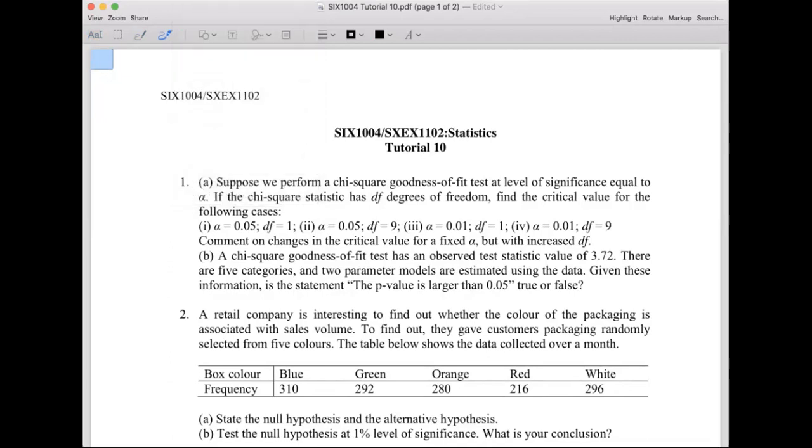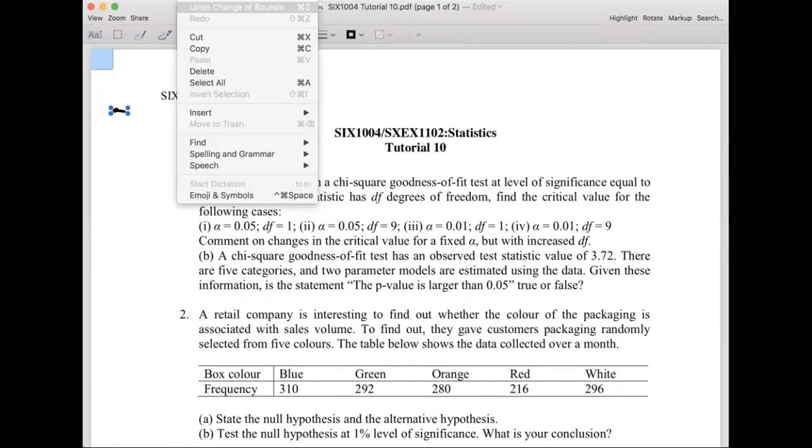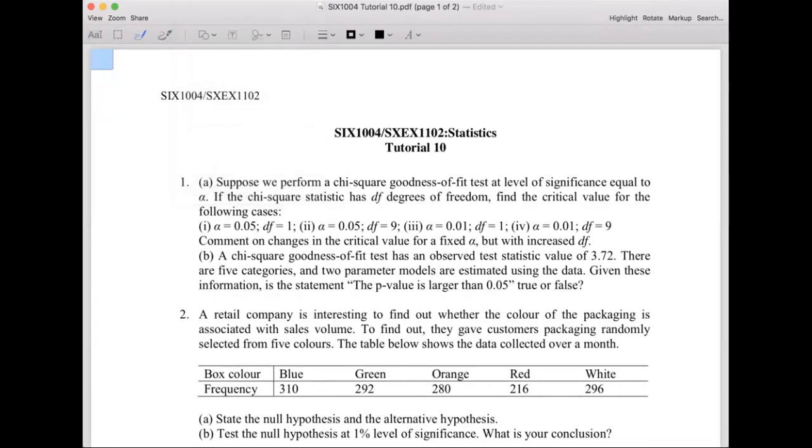Okay, so basically, you have your, oops. Let's see this. It's not so easy to use writing on the board here.